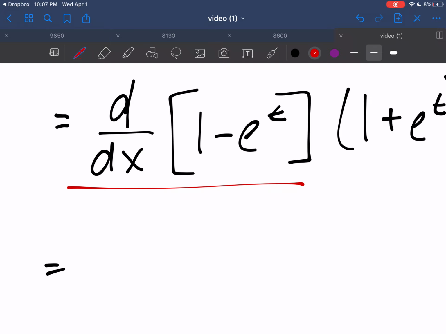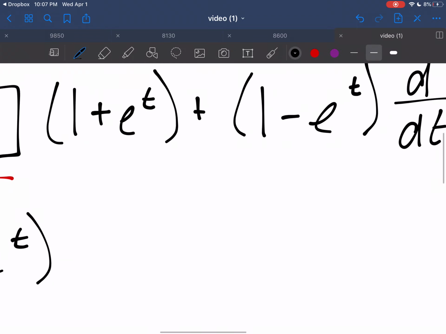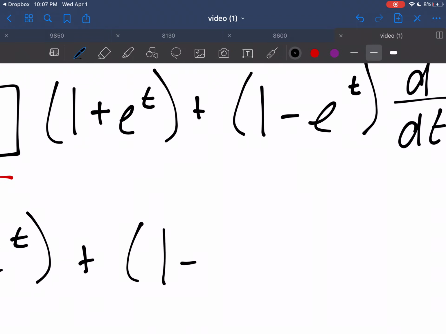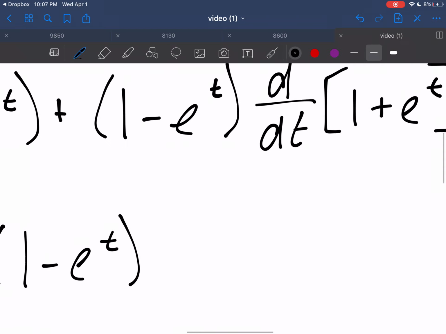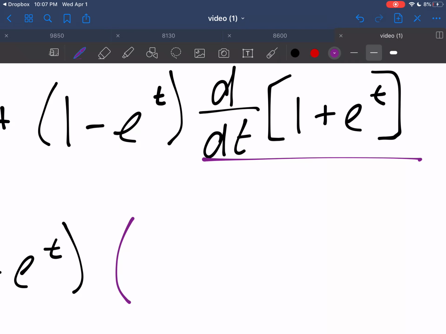The derivative of e to the t is just e to the t, so that's just going to be negative e to the t. Then 1 plus e to the t, leave that one alone, plus 1 minus e to the t, and then we'll take our derivative over here of 1 plus e to the t. Same thing: derivative of 1 is still 0, so we won't write it, and the derivative of e to the t, again that'll just be e to the t.